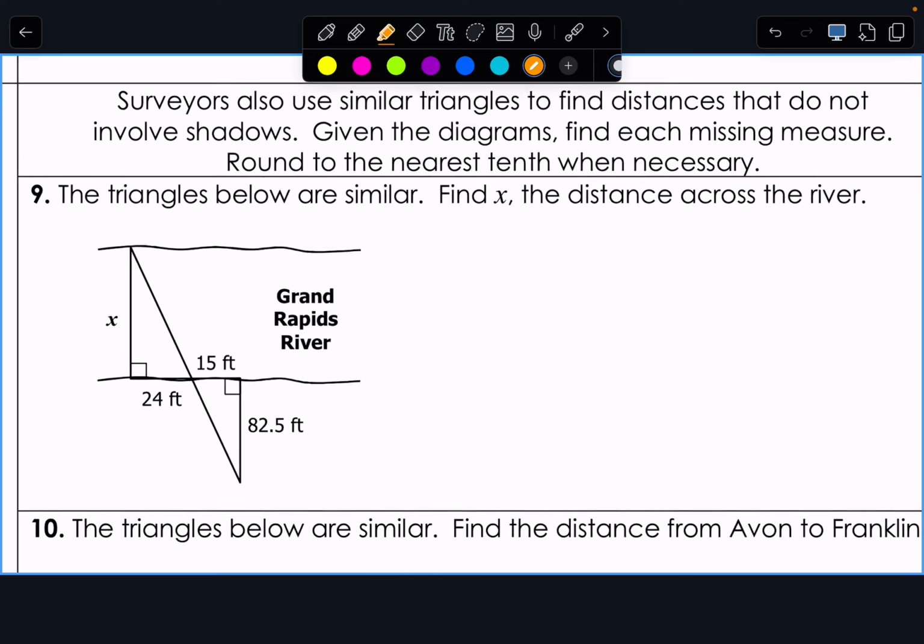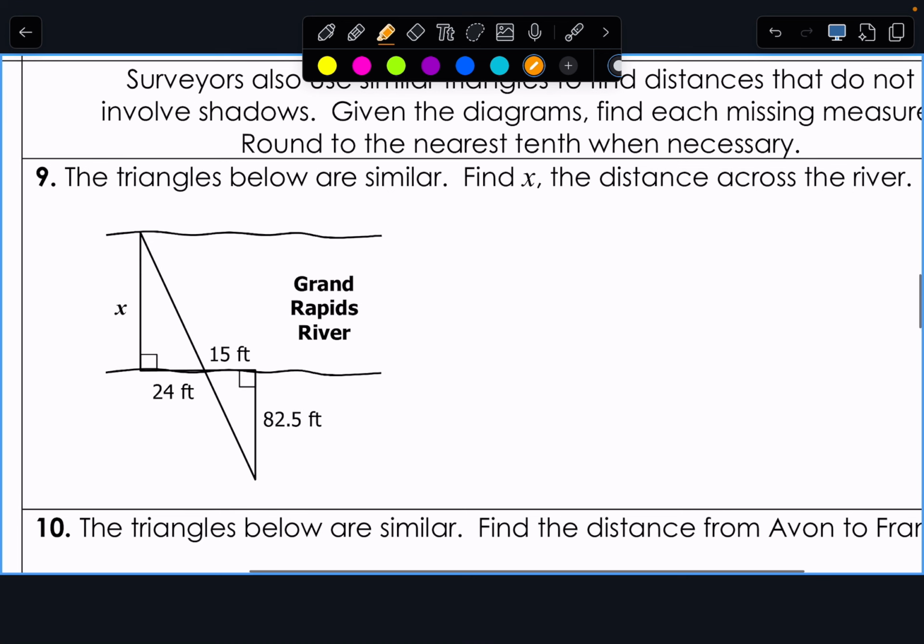In these two triangles, which side corresponds to this 24 right here? The 15. So the two sides that go along the bank of the river, those two correspond. Which means do X and 82.5 correspond? Yes or no? Yeah, they do.